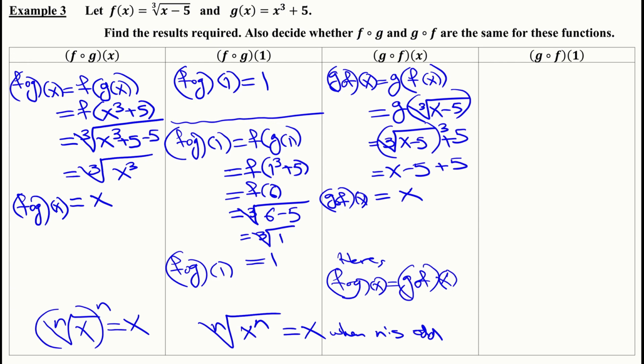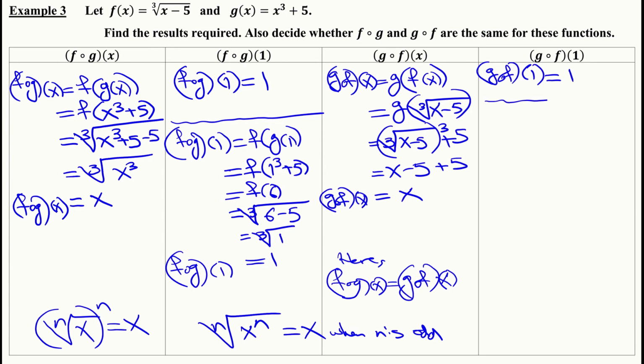All right, so let's go ahead and compute g circle f of 1 to wrap things up. So g circle f of 1, well, if we use this result, which says g circle f of any input is itself, that's going to be quick. That's just going to be 1.